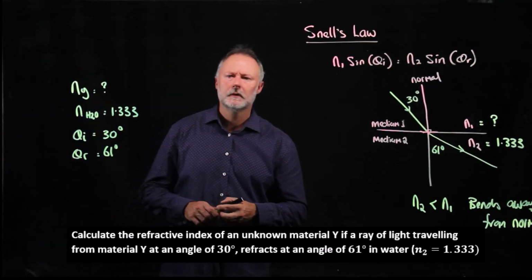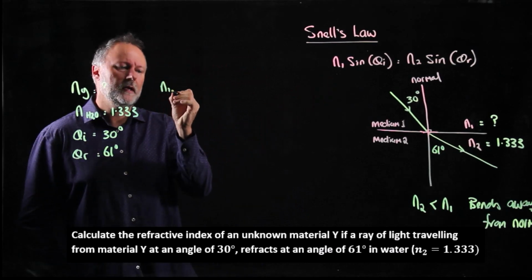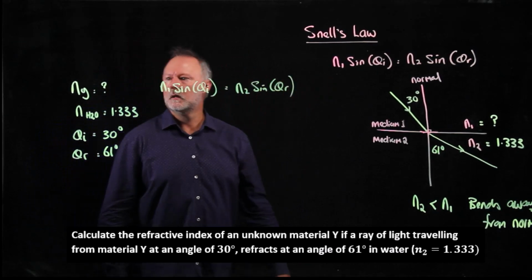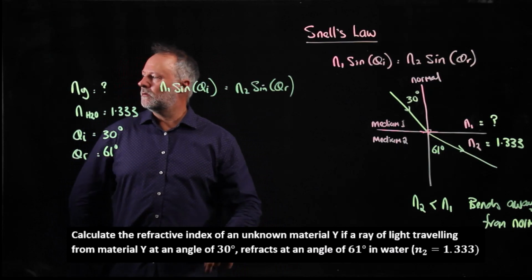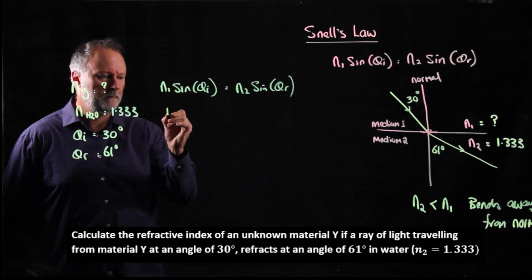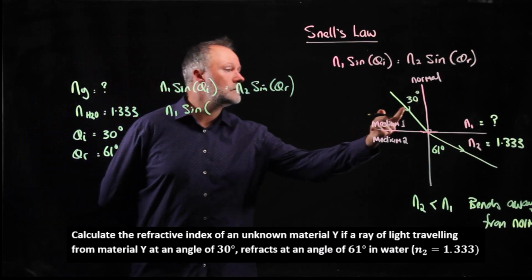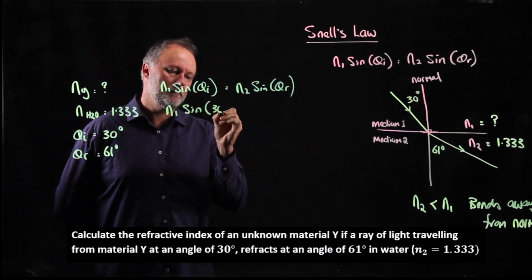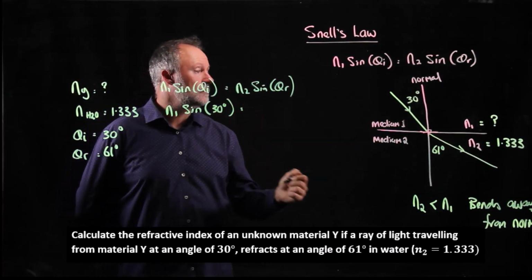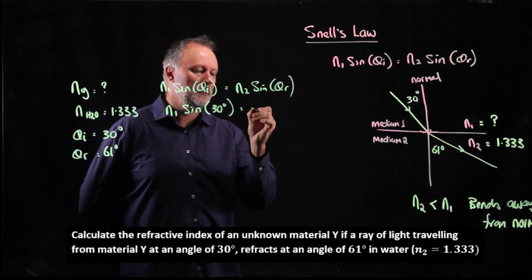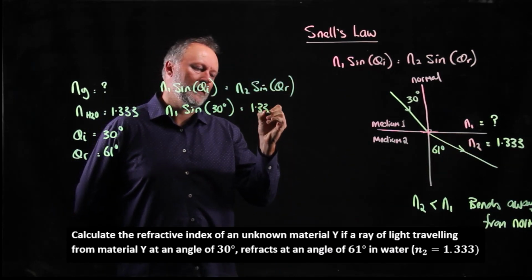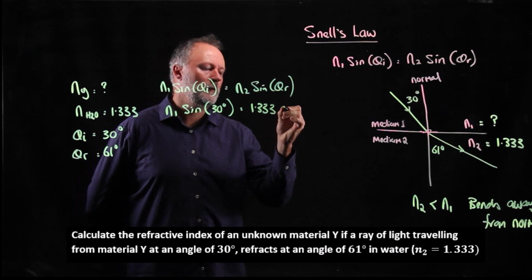Okay, now let's write out Snell's Law. So N1 was our unknown quantity. N1, the angle of incidence is 30 degrees. N2 was our known second medium with a refractive index of 1.33.